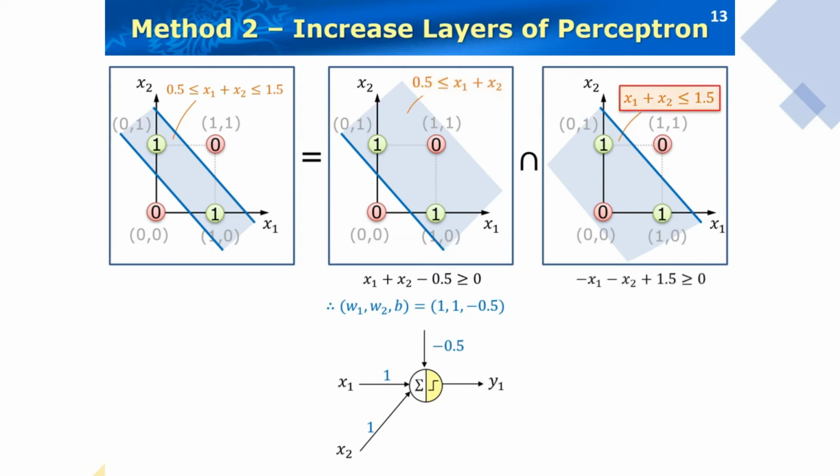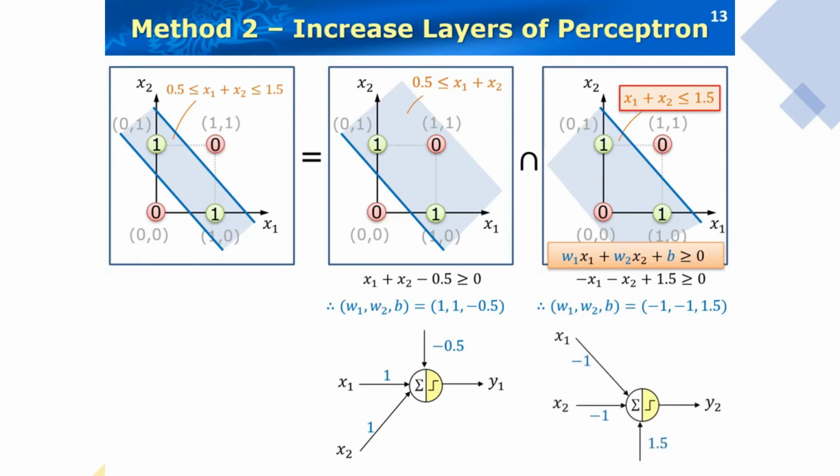Similarly, the decision boundary for the NAND gate is minus x1 minus x2 plus 1.5 greater than or equal to 0. Comparing this with the standard form, the weights and bias of the NAND gate is a triple minus 1, minus 1, 1.5. This produces the following perceptron for the NAND gate.